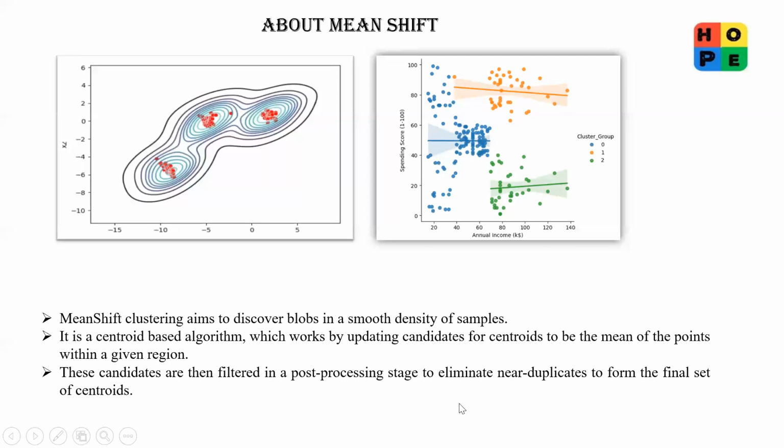What it basically does is try to identify a blob within a dense sample. Okay, if you look at this particular example, we have a smooth density of data points which fall here, here, here.